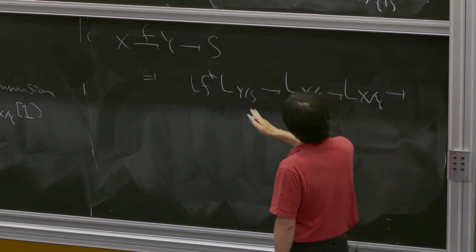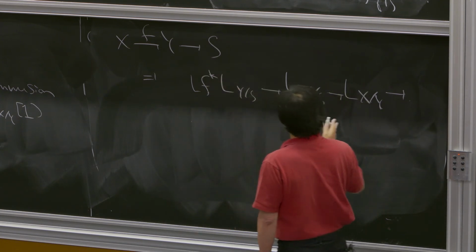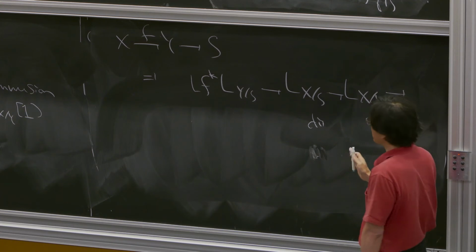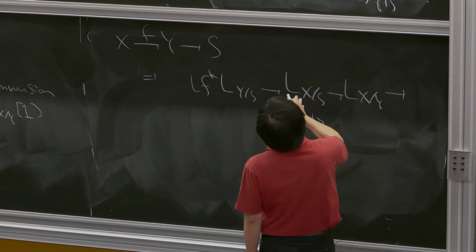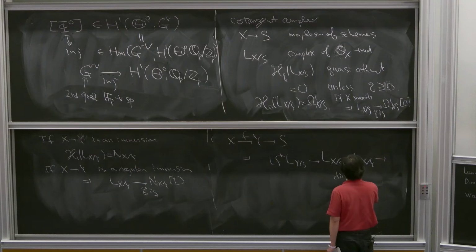So in this case, for omega 1, we have just a right exact sequence, not a short exact sequence, but with these cotangent complexes, we have a distinguished triangle.